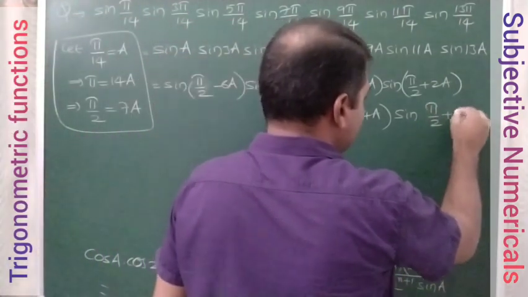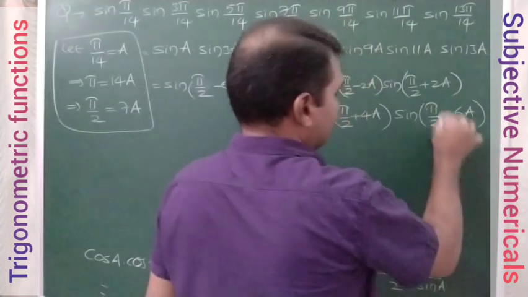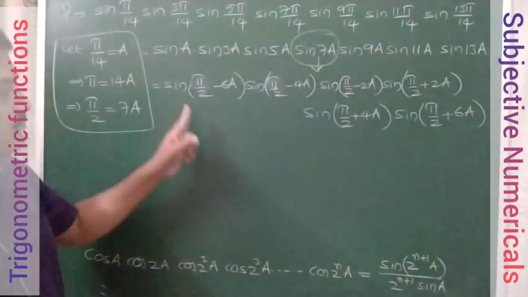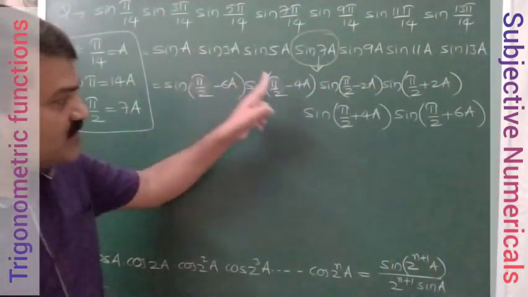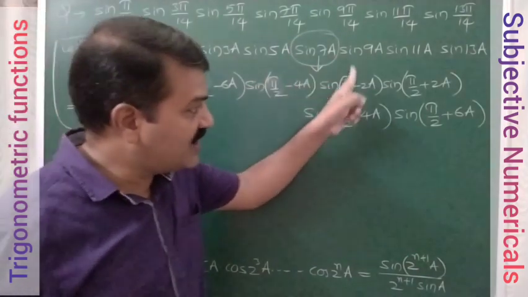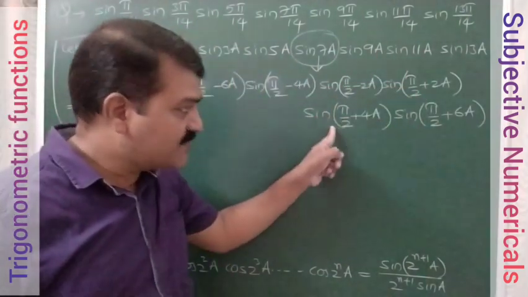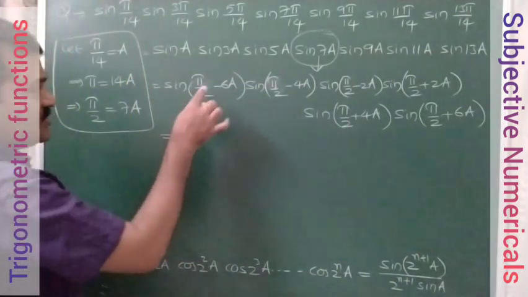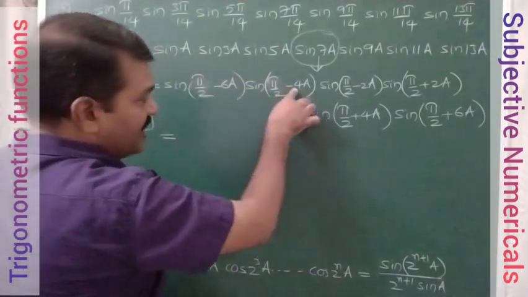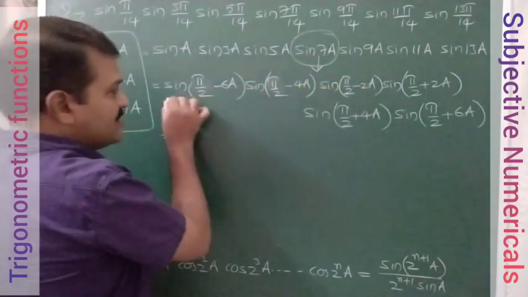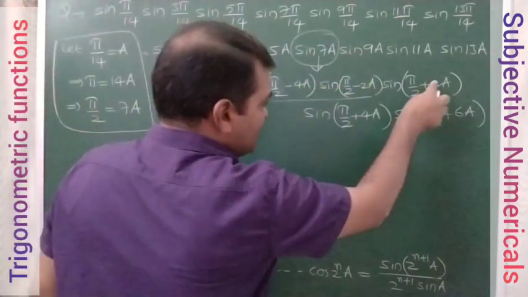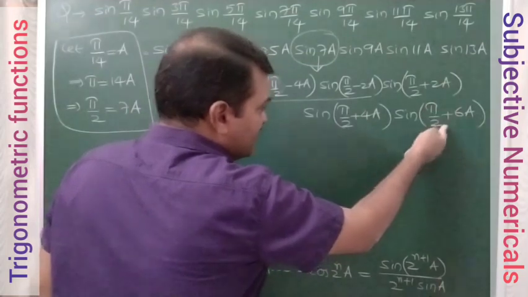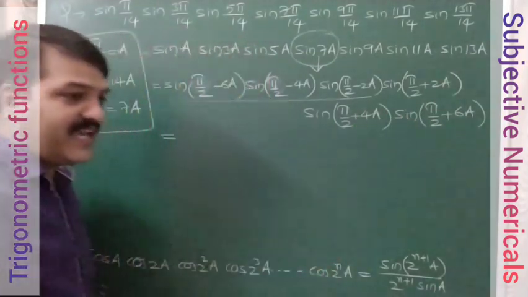Pi by 2 means 7a. So this is cos 6a, cos 4a, cos 2a, cos 2a, cos 4a, cos 6a. Okay. So cos 6a, cos 4a, cos 2a, the first three terms. Cos 2a, cos 4a, cos 6a, the next three terms are the same.